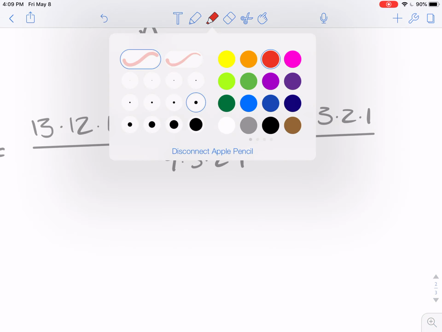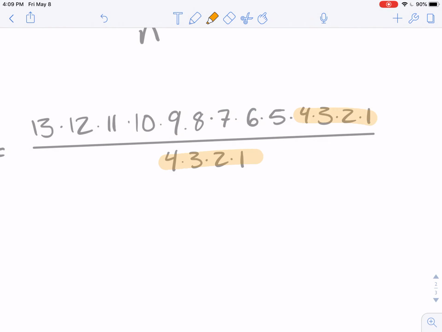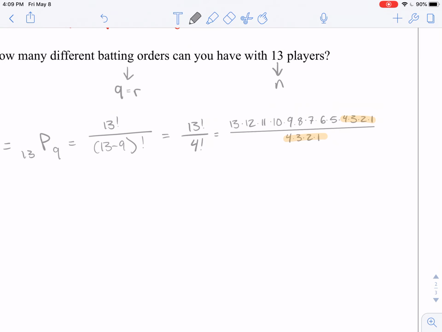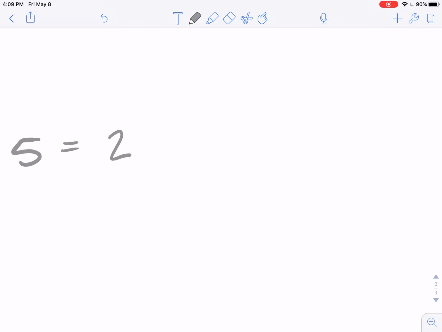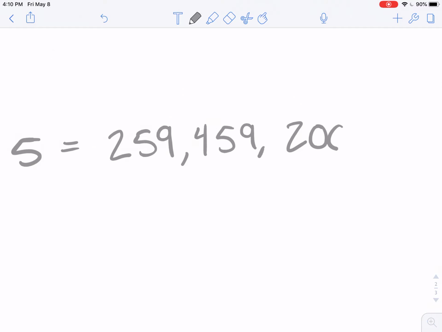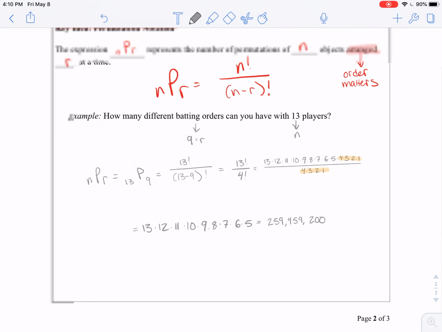The good news is that the 4 times 3 times 2 times 1 on the bottom will reduce out with the 4 times 3 times 2 times 1 on top. So that gives us just 13 times 12 and so on, down to times 5. When you take out your handy-dandy calculator, that gives you 259,459,200 possible batting orders.